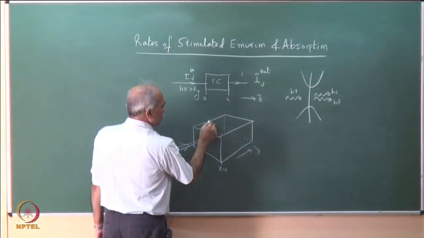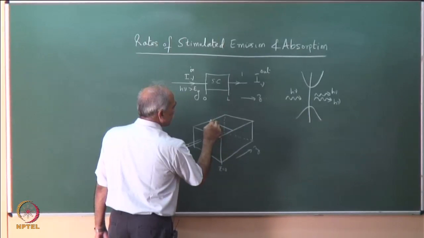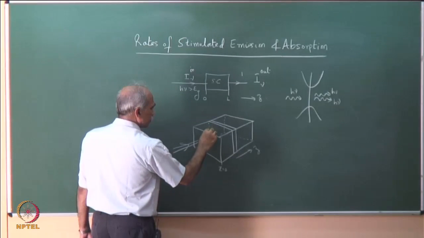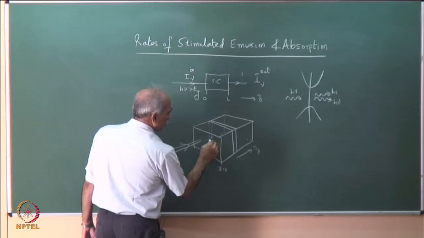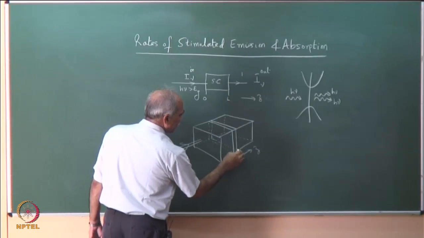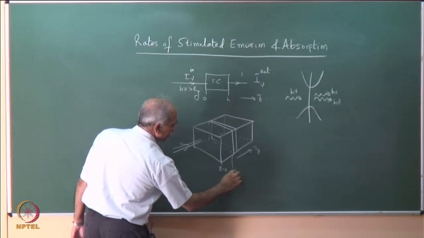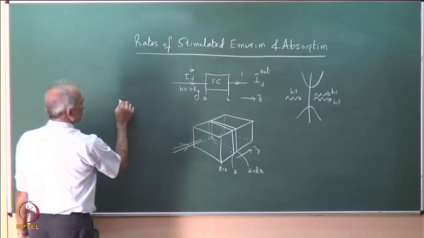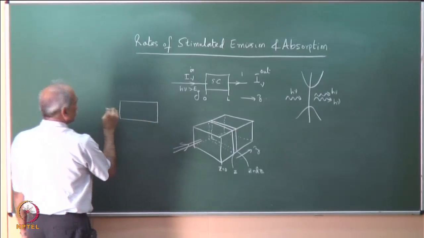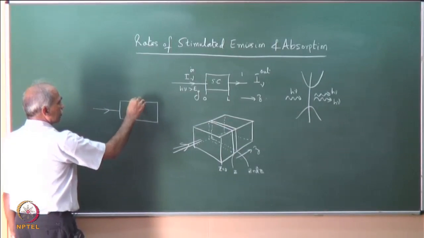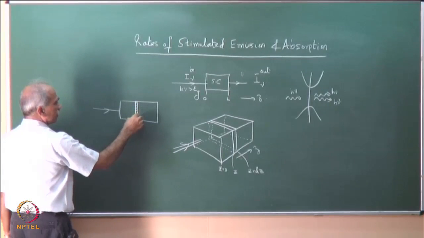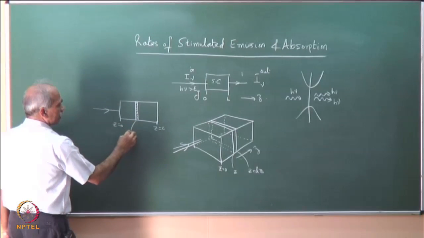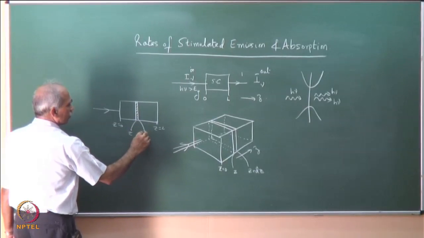If I consider a small volume element, that is, I consider a small slice of this here, a slice of infinitesimal thickness. So, this is z here and this is z plus dz. Let me draw it in the 2D picture. Radiation is entering from here. I have considered a small slice here. So, this is z equal to 0 and this is z equal to L, this end, and we have considered some position z and z plus dz.